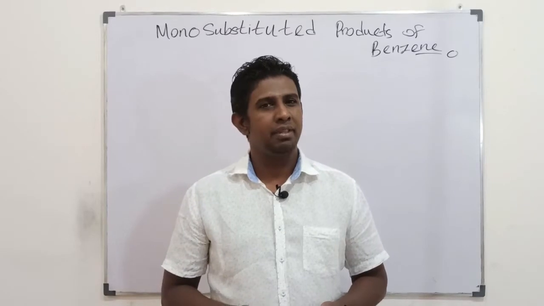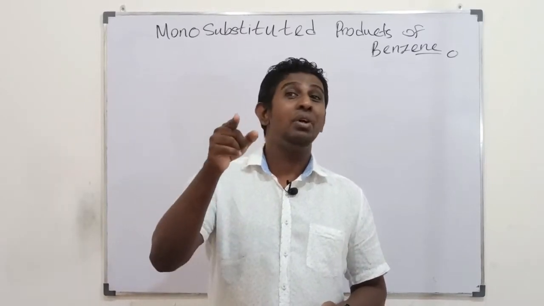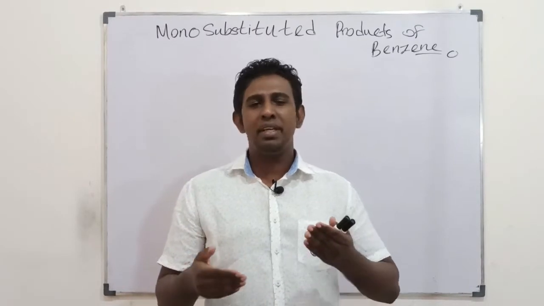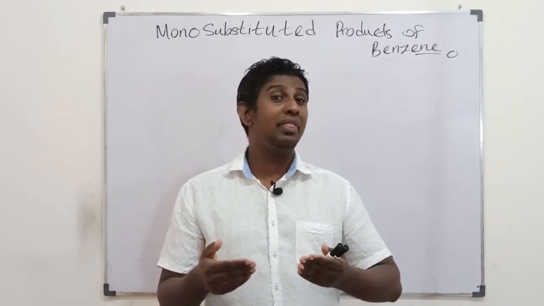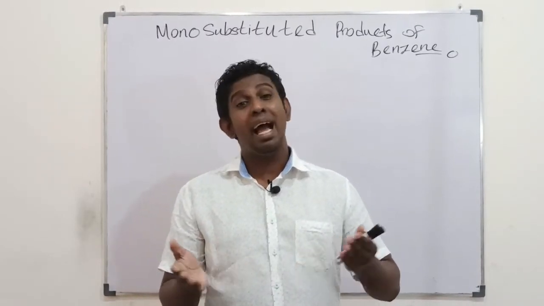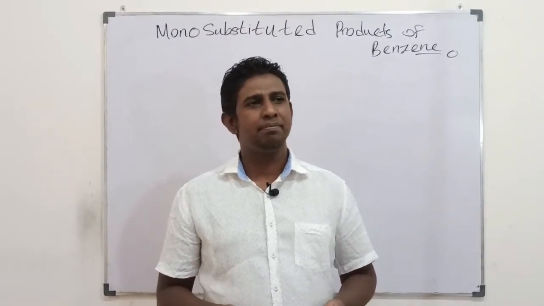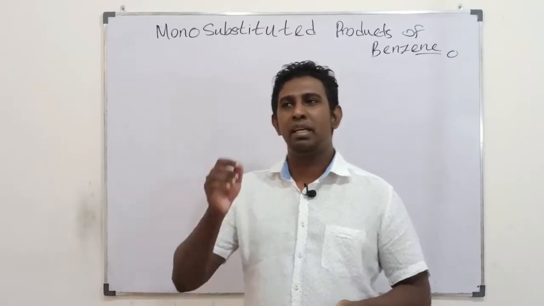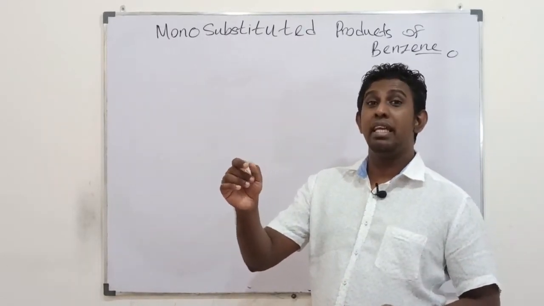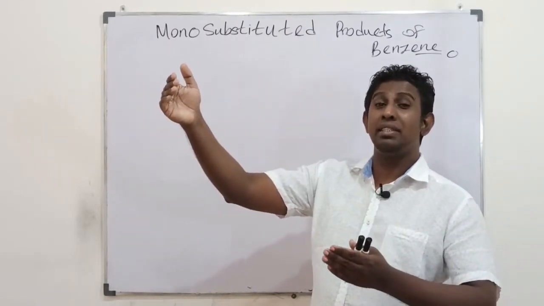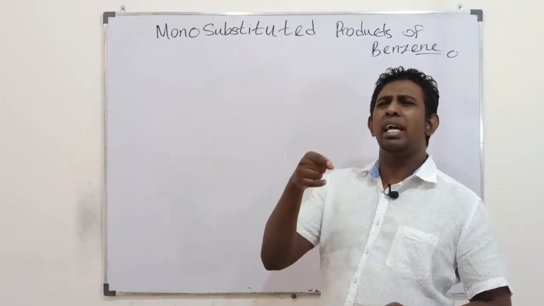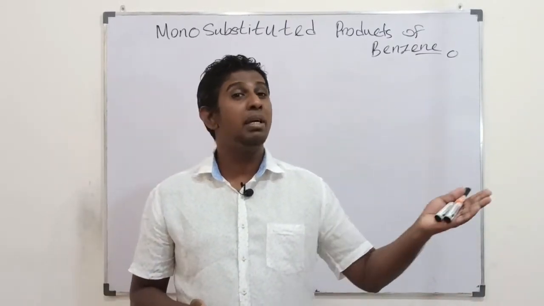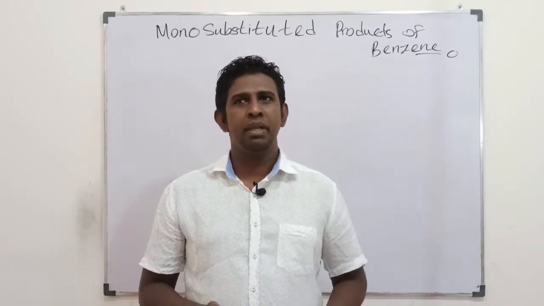we call it a monosubstituted product when it is one group attached. Normally, when you look at reactions, benzene is quite different from other normal unsaturated compounds. Alkenes and alkynes are unsaturated compounds, but benzene is in between saturation and unsaturation. It's a quite stable structure compared to normal unsaturated substances.